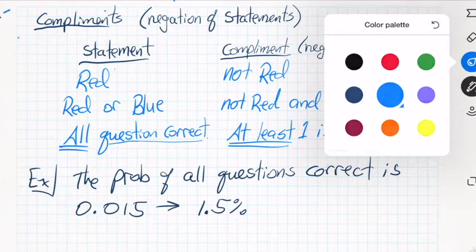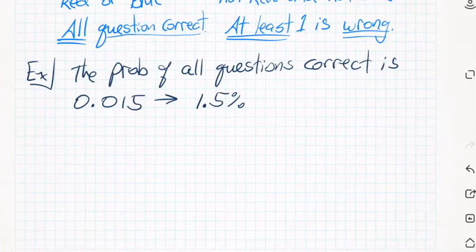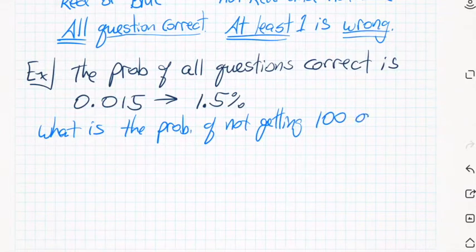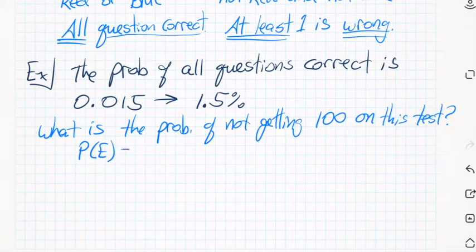All right, so let's start off with the decimal version of probability. What is the probability of not getting 100 on this test? So if the probability of getting them all correct, which is, by the way, getting 100, is 0.015, we're going to call that the probability of the event. So it's 0.015.